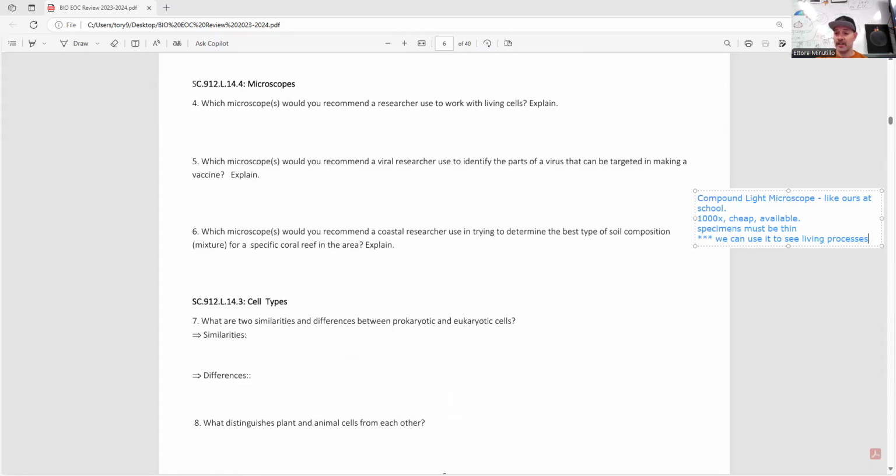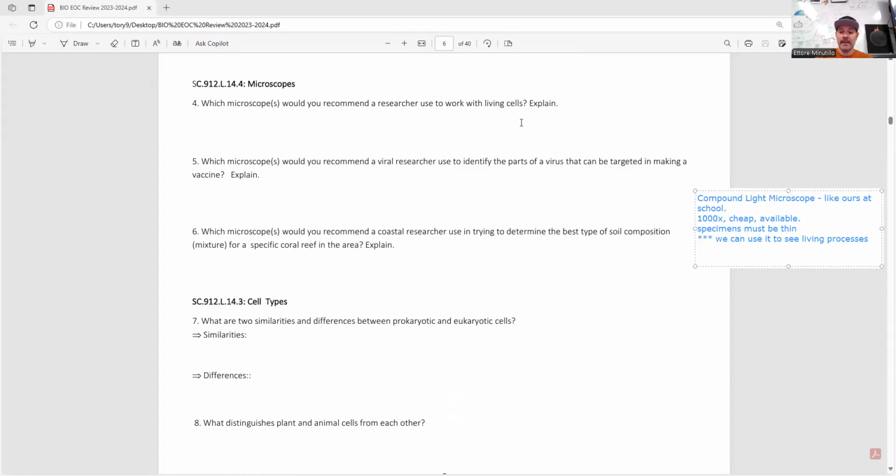I can watch other forms of cell division under a light microscope. I can watch little single-celled guys that live in pond water go around and find their food and eat things under a light microscope. Light is not going to be damaging or harming any of these things, whereas our other types of microscopes aren't using light.